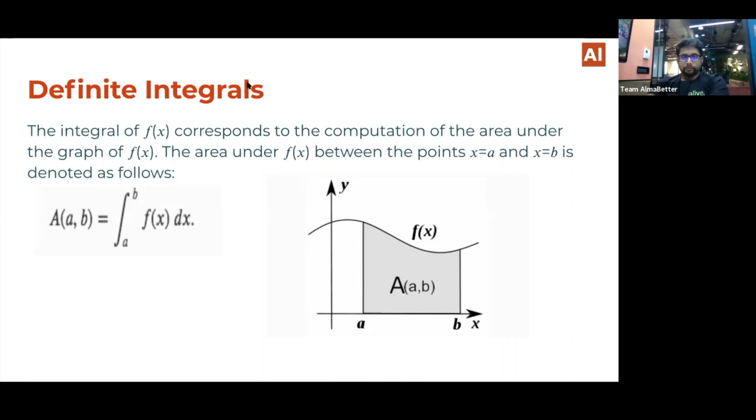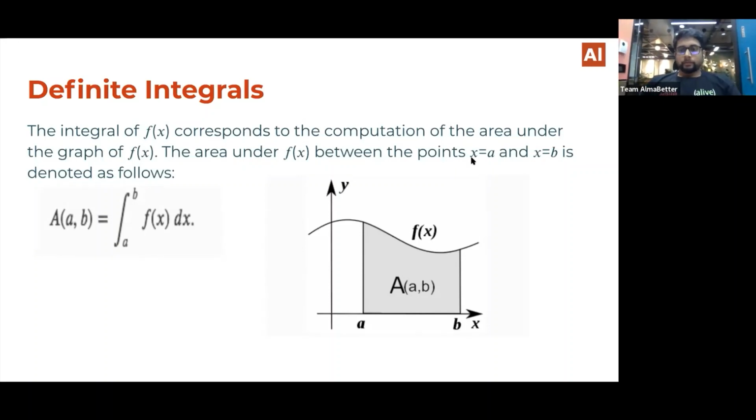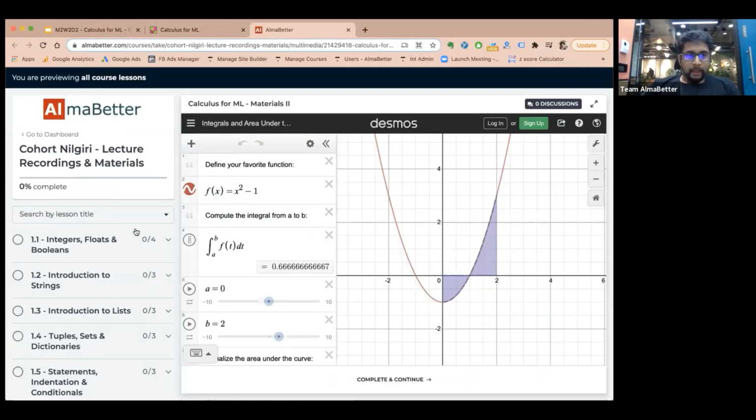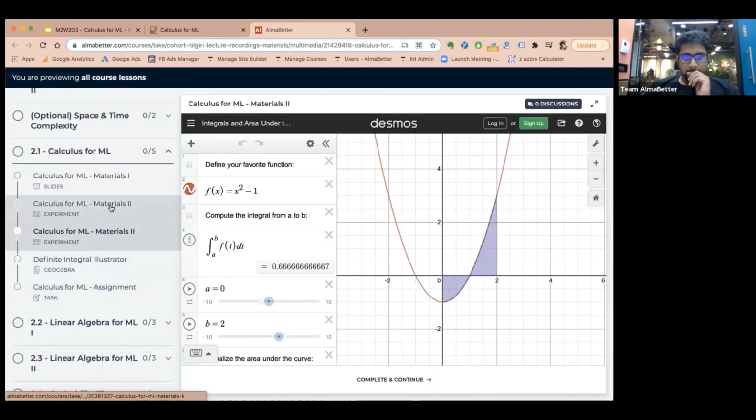Great. So now let's move on and see some of the experiments in Desmos and GeoGebra, so that you'll be able to relate to these concepts more.